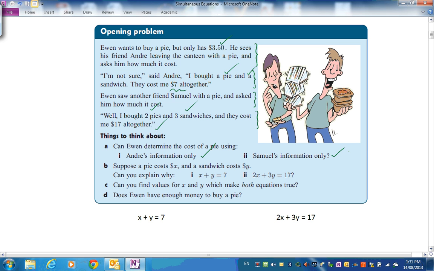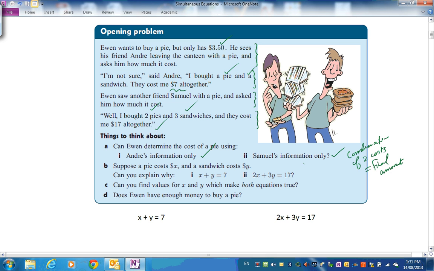No, because we don't know the combination of the 2 costs to give the final amount. We have to join the equations together and see if we can work out what a pie and a sandwich must have cost to satisfy both situations, both Andre's and Samuel's situation.